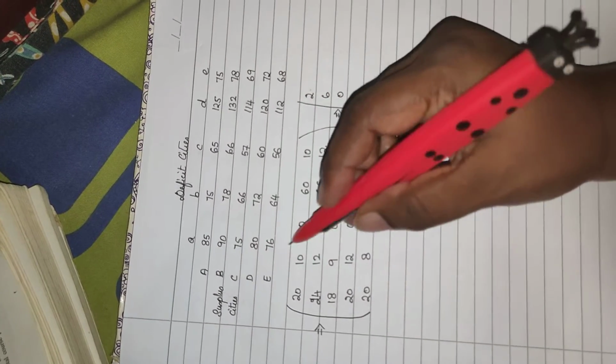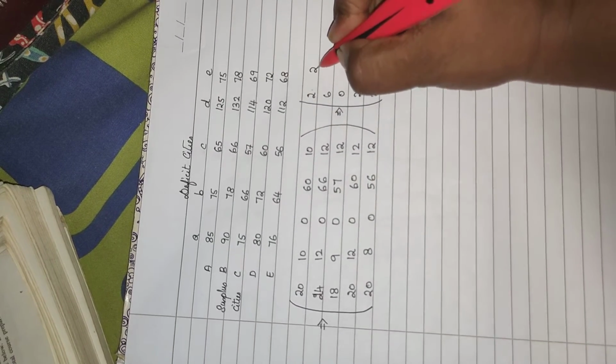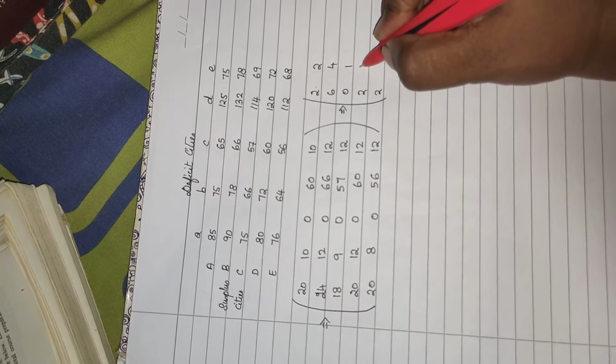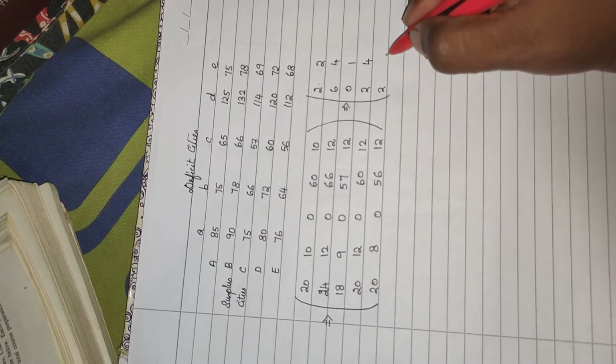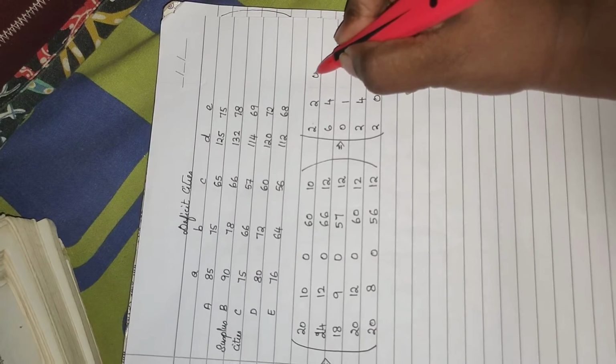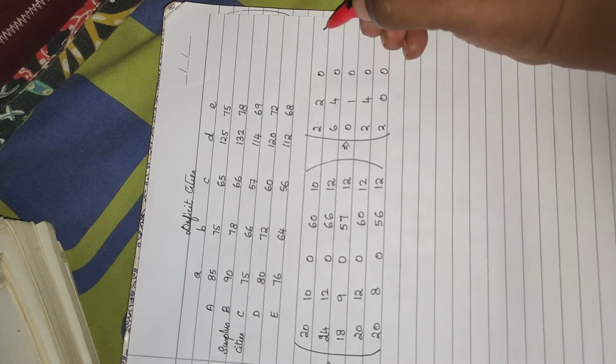For the second column, 8 is the minimum, so again you have 2, 4, 1, 4, 0. Third column, 0 is the minimum, so there is no difference, so I am writing the same thing.